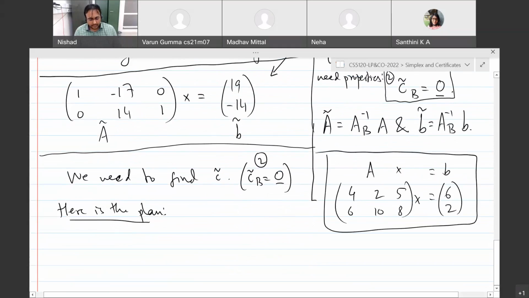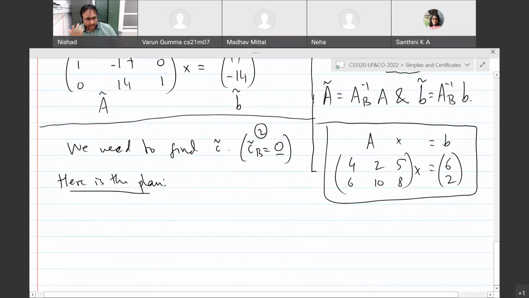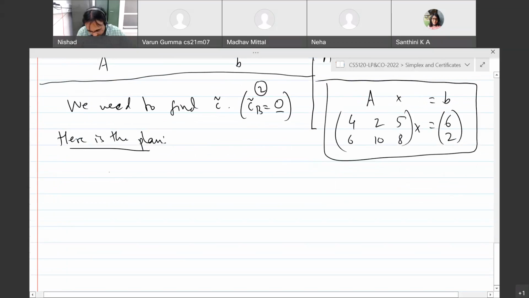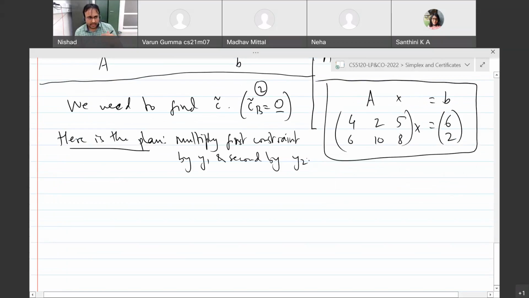So let's multiply the first one by a y1 and the second one by y2 and see what happens. We need to figure out what these y1 and y2 are so that our objective is met. That basically means that I'm multiplying on the left by this vector, the y vector.